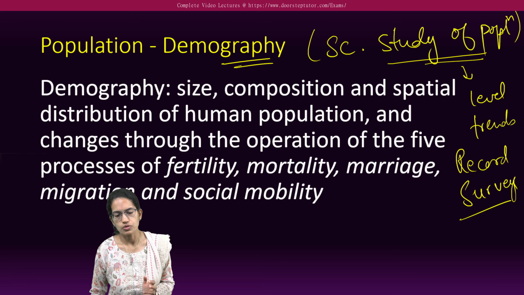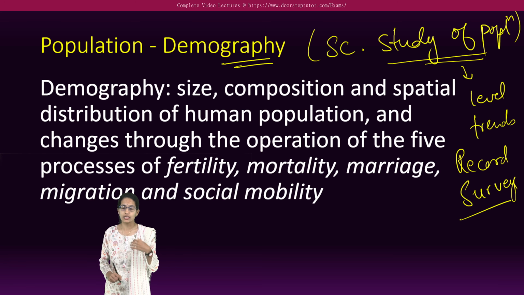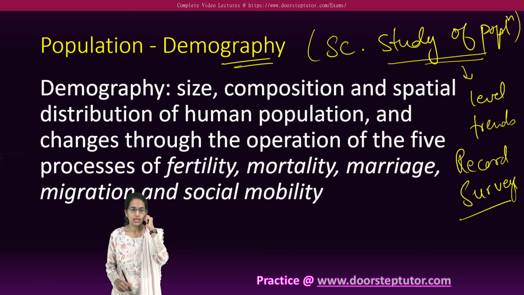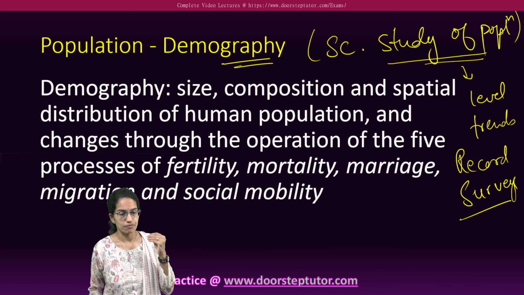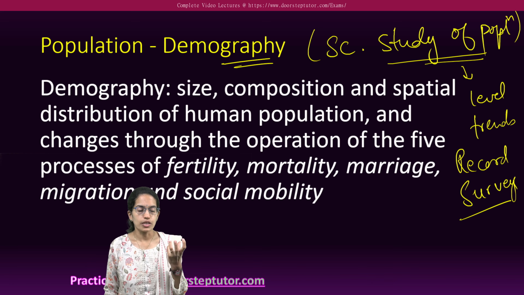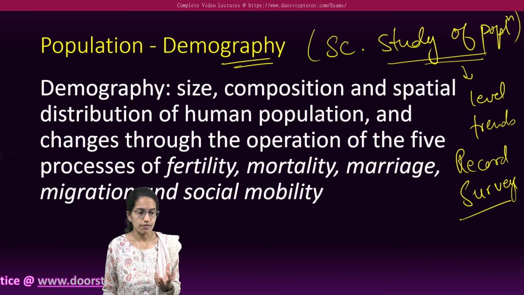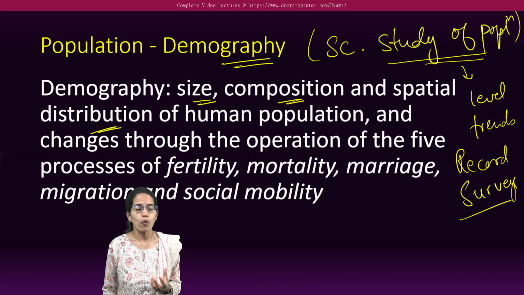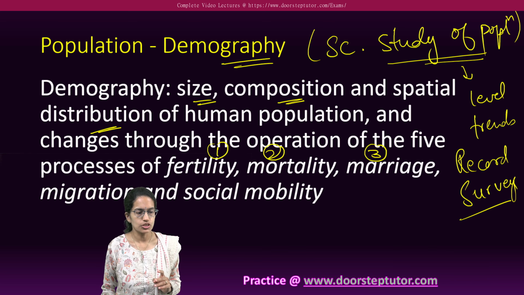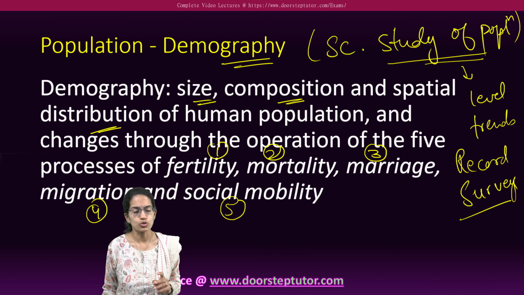These records could be birth records, death records, registrations; all of these would be part of the scientific study. So what you would come to know under demography is the size, the composition, and the distribution of the population, and all these three components change on 5 parameters. These are fertility, mortality, marriage, migration, and social mobility.